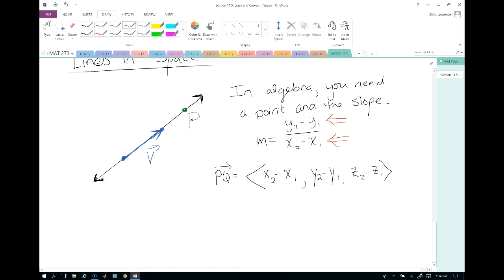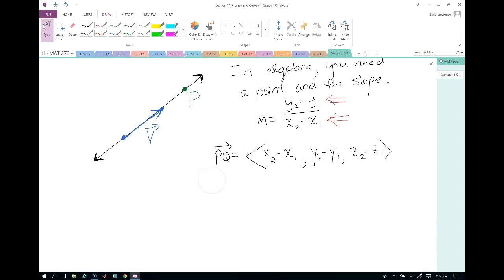Because remember, a vector can be slid all around the plane or all around space, and it's still considered the same vector. Well, lines don't do that. Lines have to have a fixed location. So we can anchor this vector in a certain spot if I know a specific point that's also on that line. So v is called our direction vector.